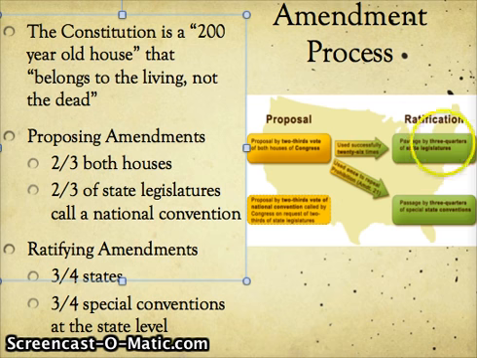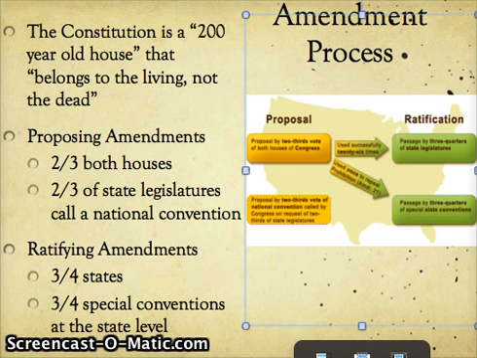Now that's hard to do because if you think of the composition of the United States, kind of looking at this map, your New England states are very different than your southern states, are very different than your Midwestern states, and your West Coast states. So to get all of these 50 states on board, not to mention Alaska and Hawaii, with accepting a change to the Constitution can prove to be very difficult.